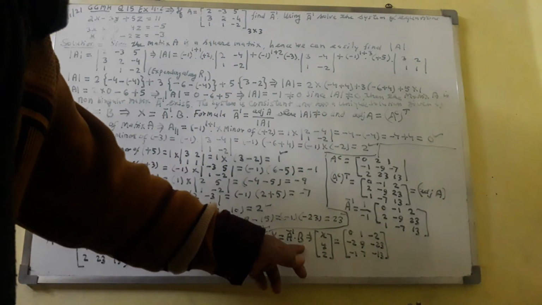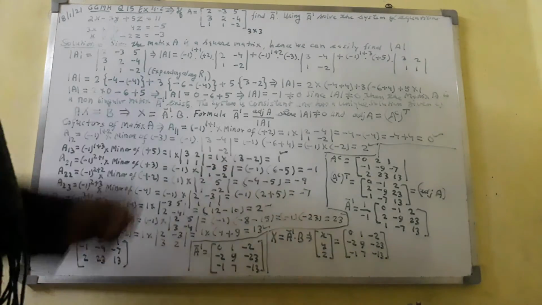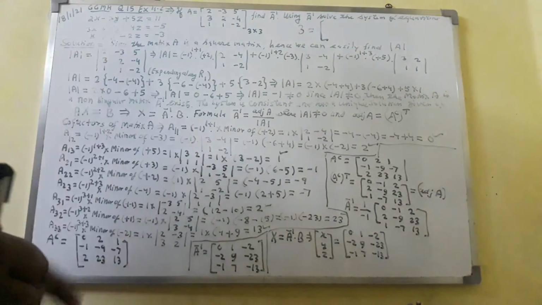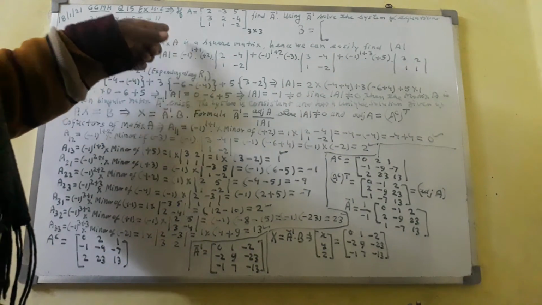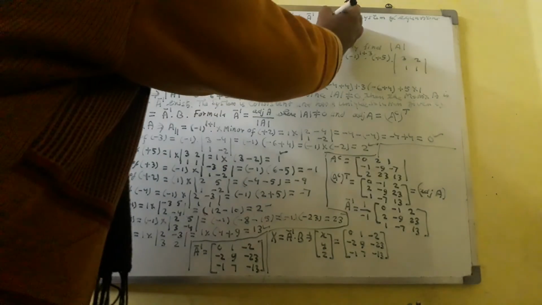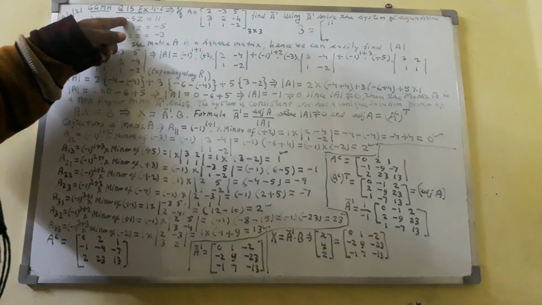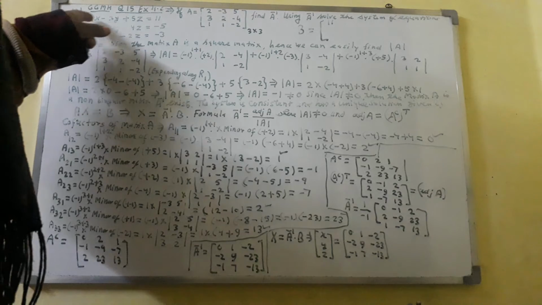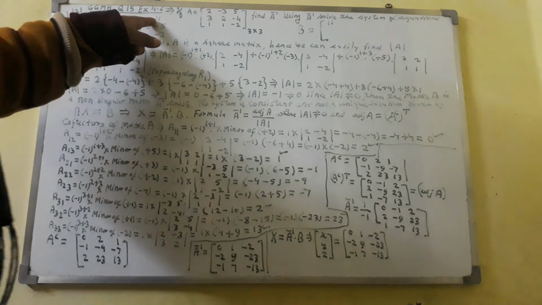And after that matrix B. Matrix B will be in sequence the constants. This linear equation is the first equation, so the first element from the first equation I shall take as the constant 11.